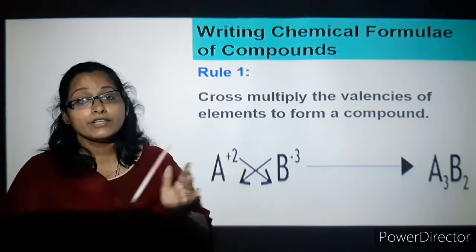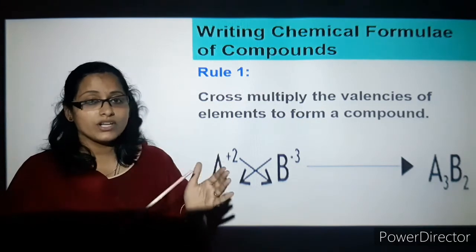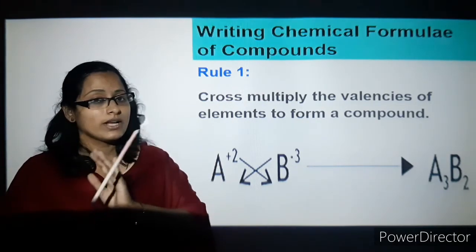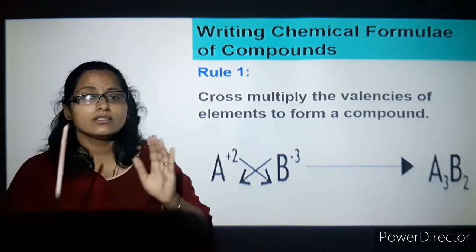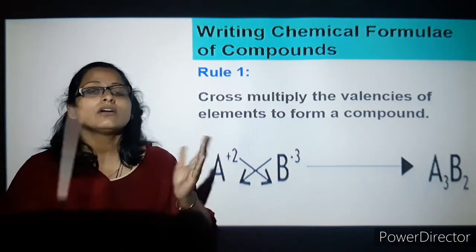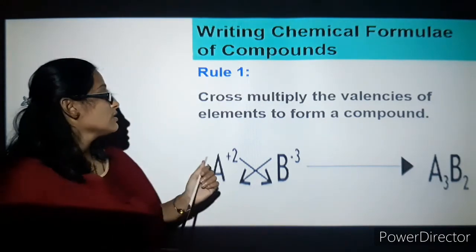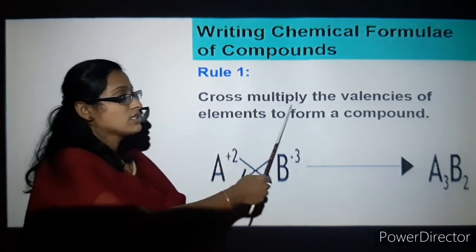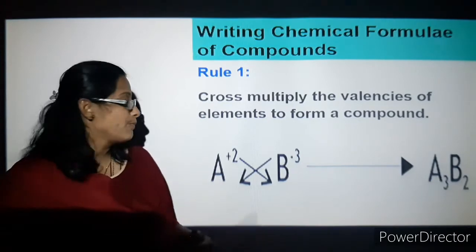You will not write HO2. Oxygen's valency 2 will be cross multiplied with hydrogen's valency of 1. So what will happen here? Oxygen's valency 2 will go to hydrogen, and hydrogen's valency will go to oxygen. So what is the formula now? It becomes H2O.